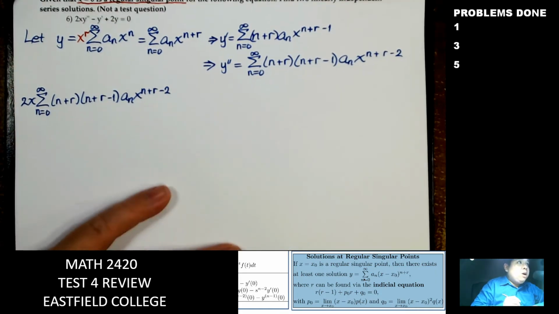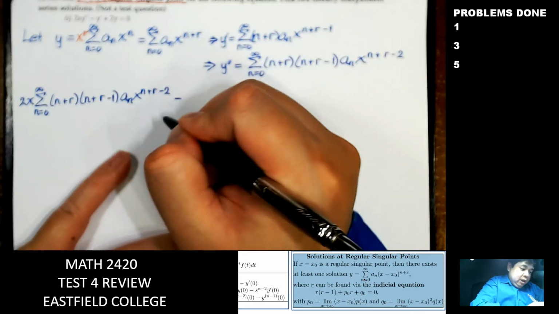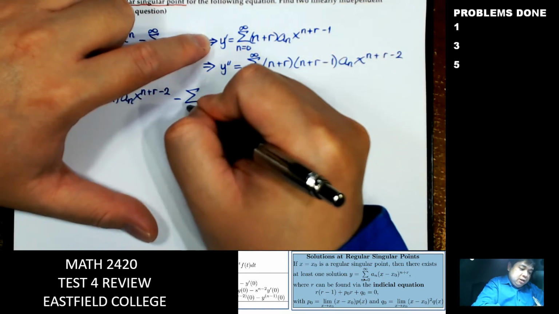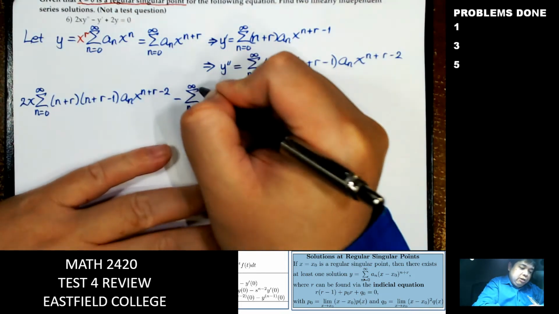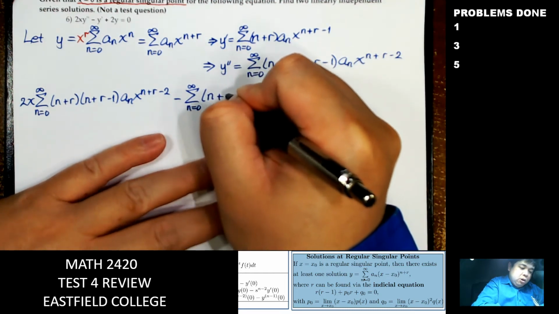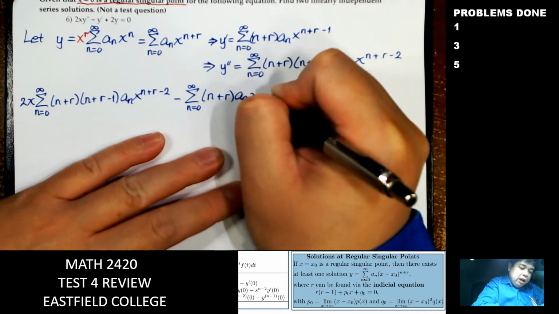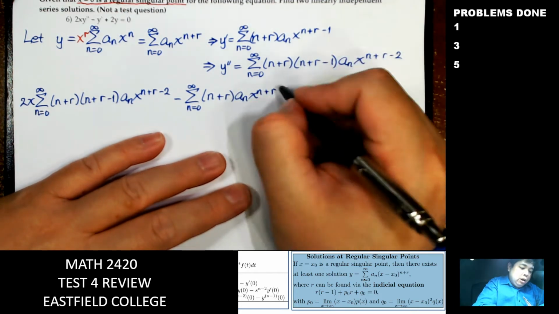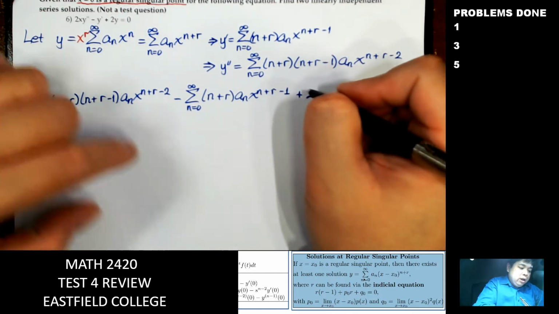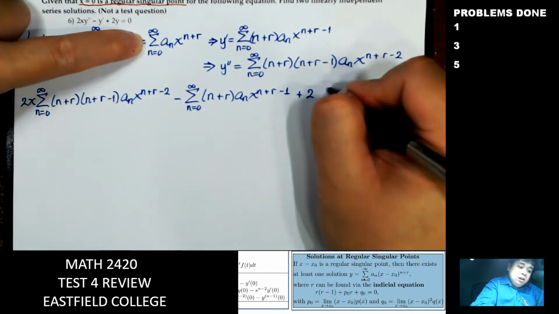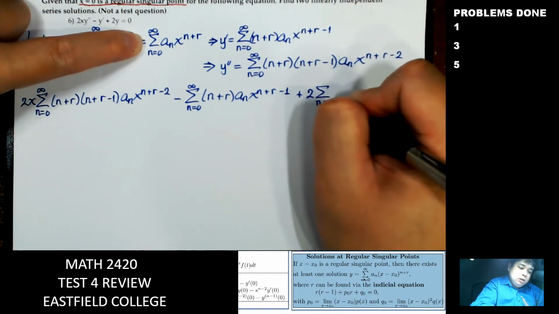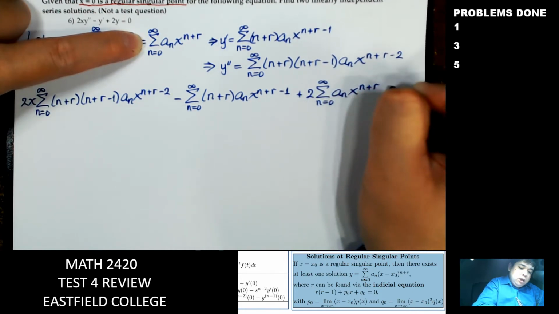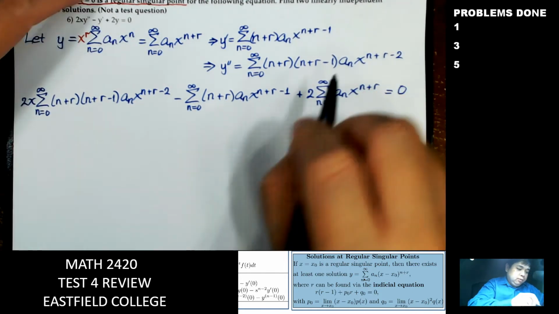Hope we have enough space for this one. Minus the first derivative, which is the sum from n equal to 0 to infinity of n plus r a sub n x to the n plus r minus 1, plus 2 times y, which is the sum of a sub n x to the n plus r, equal to 0.